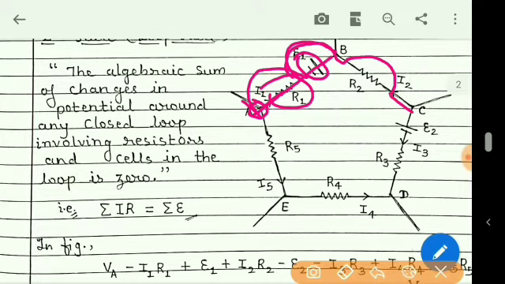Again we move to point C and you can see there is one more path or a branch in the circuit. So definitely potential will change here also. Then again there is a battery or a cell, so again potential will change. So whenever there are batteries or resistors or any other components connected in a circuit, at each and every point the potential may change.